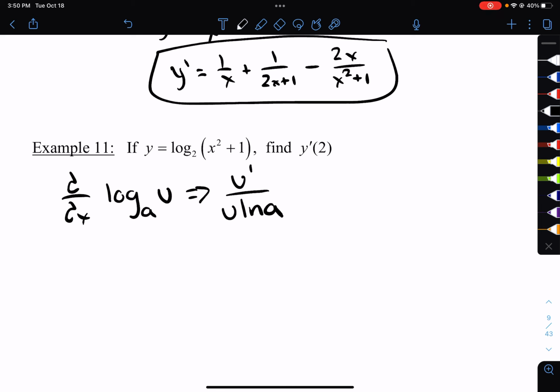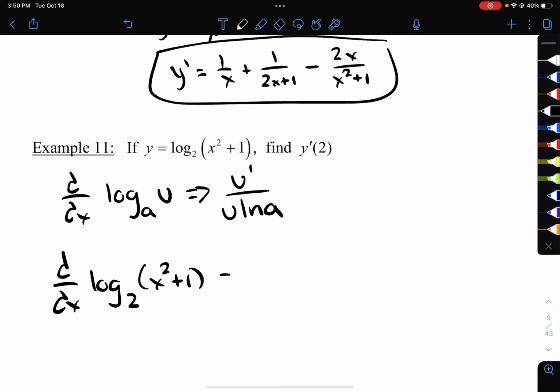So the derivative of log base 2 of x squared plus 1 is going to equal u prime, which is the derivative of the inside, 2x. U goes on the bottom, so x squared plus 1. And then I need a natural log of a, which is just 2.